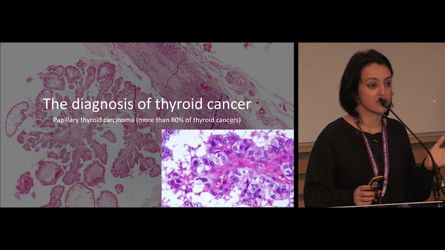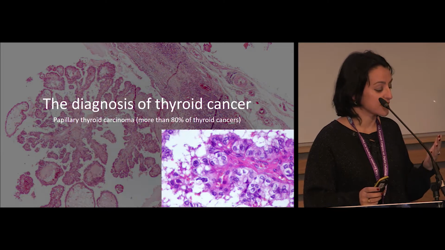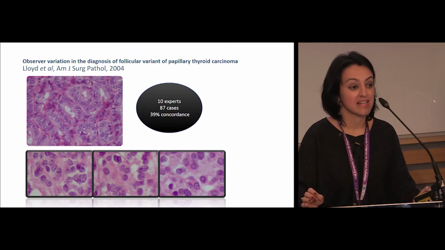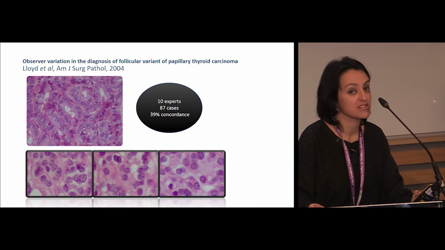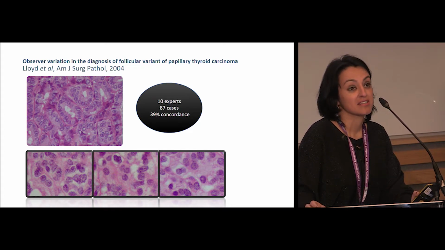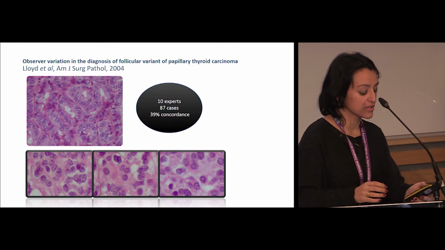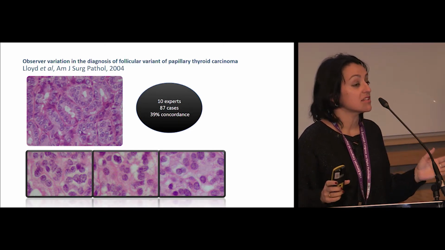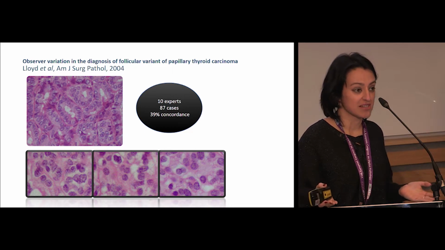They're also clearer than the normal or benign ones. In the middle of the last century, a famous pathologist described that papillary thyroid carcinoma does not only appear as a papillary structure, but also as a follicular structure, as you can see there. The follicular structure is also the same structure of the benign lesions.